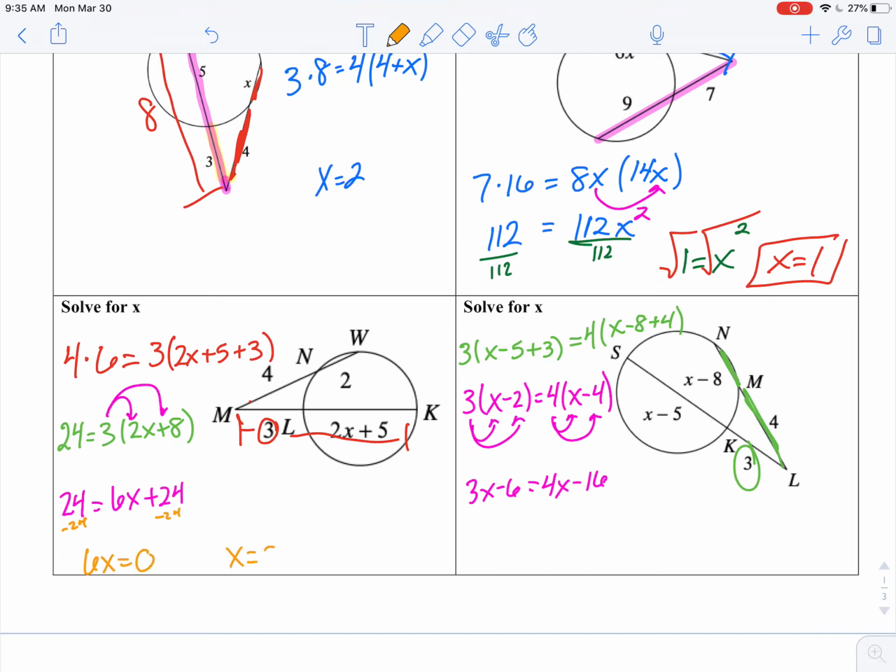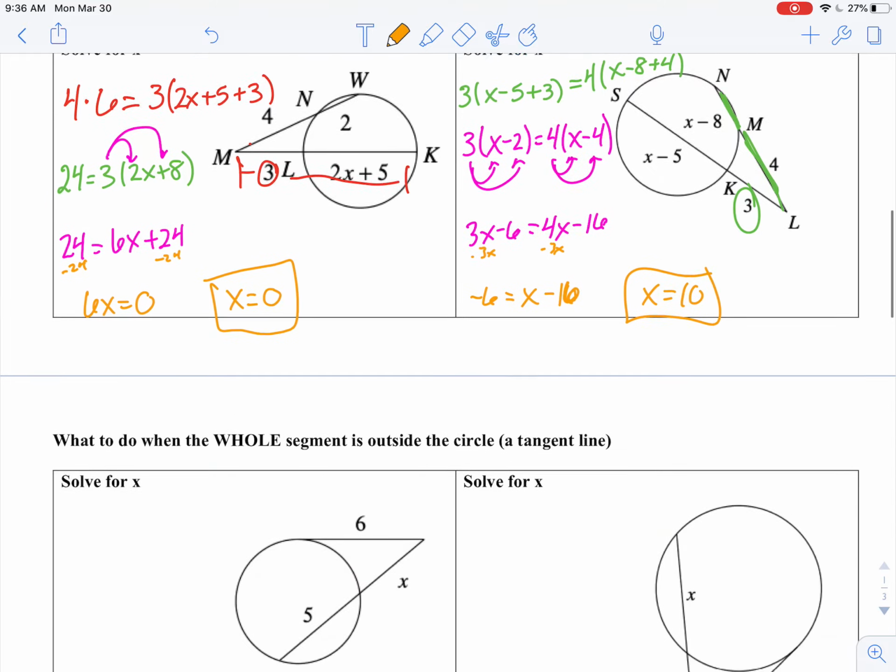So our last step, minus 24, 6x equals 0, so x equals 0. And if I subtract 3x, negative 6 equals x minus 16. So x equals 10.